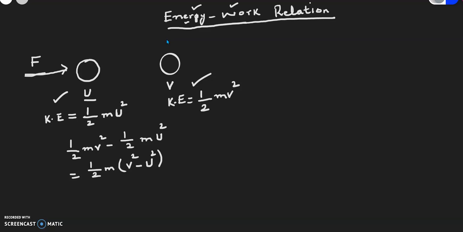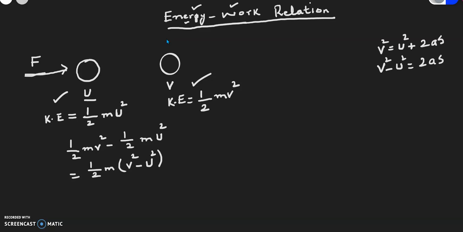Now we know that we got a relation: v square is equal to u square plus 2as. From here you can find that v square minus u square is equal to 2as.